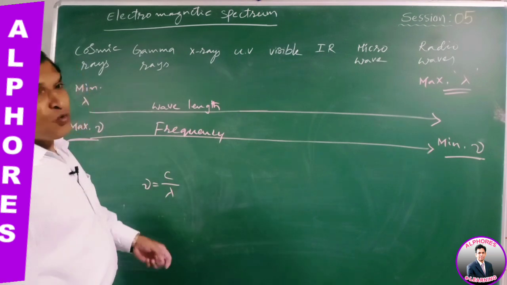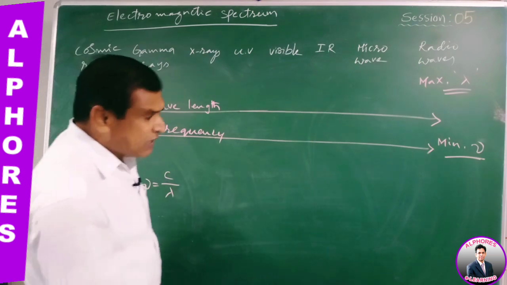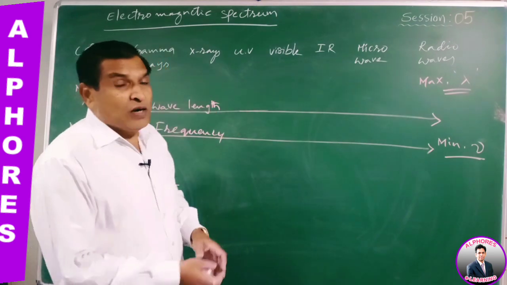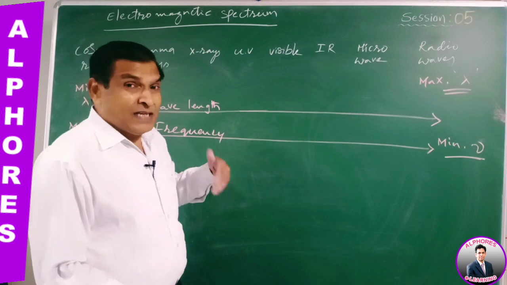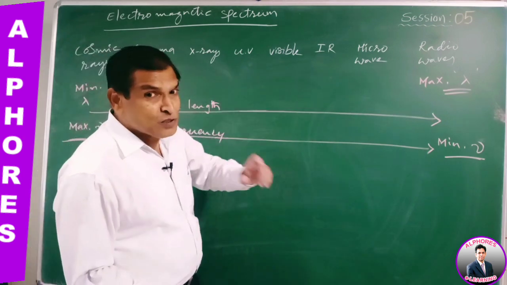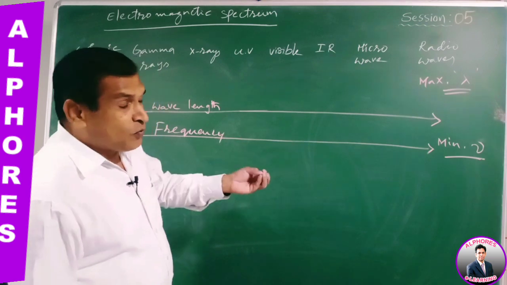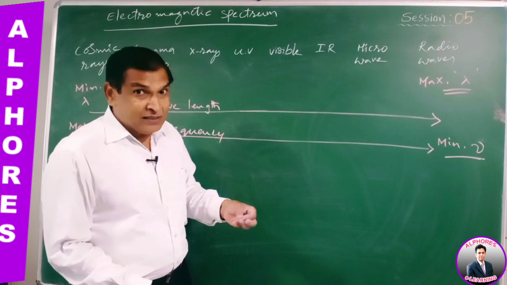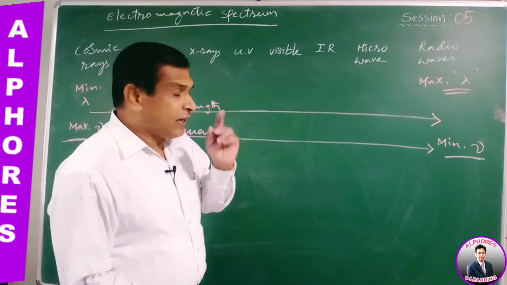Now you can expect questions like this: which among the following possesses greater wavelength than visible light? I repeat the question again. Which among the following has greater wavelength than visible light? Okay, that is the question.